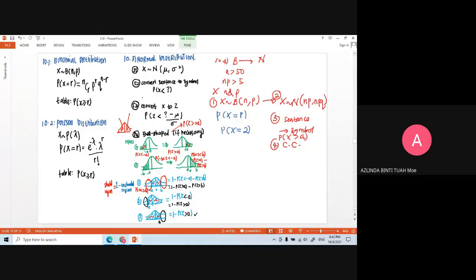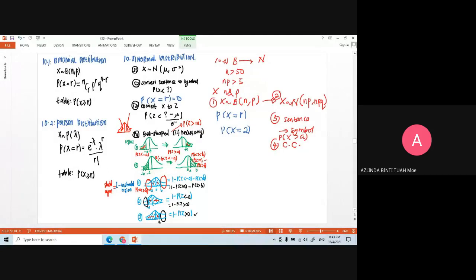There is no formula in normal distribution to find P(X equals to R). Kalau dalam binomial dan Poisson, mereka berdua adalah discrete. So dia boleh cari probability X equals to R. Tapi dalam normal, dia tidak boleh cari equal to R. Sebab kalau if you think about the bell shape, nanti dia akan jadi satu line sahaja. Dia tidak ada area. Meaning that the area is equal to 0.